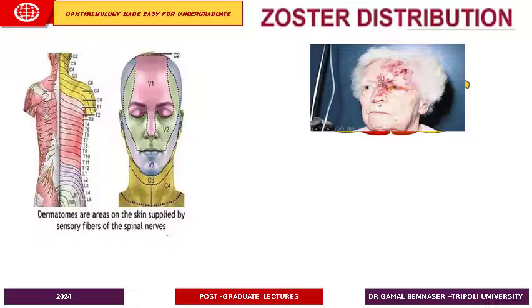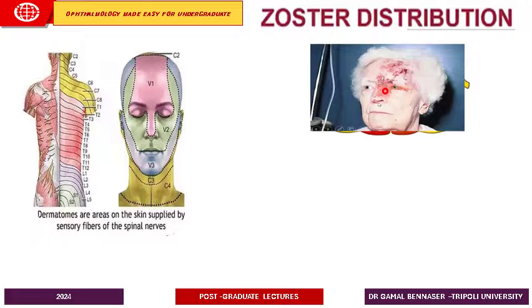So as you can see here, this is the distribution of the ophthalmic division of the trigeminal nerve, and you should know that involvement of the frontal part of the ophthalmic division doesn't necessarily mean intraocular involvement, because it involves only the skin around the eye and the side of the nose.